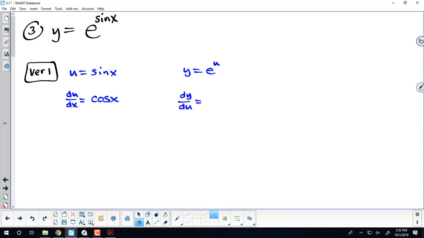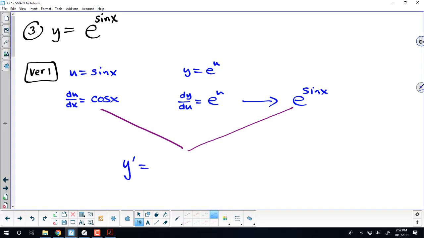This is just the derivative with respect to u, it's still e to the u, which means that this is actually still e to the sine x. So we just have the product of these two things as the derivative, or whatever order you like.